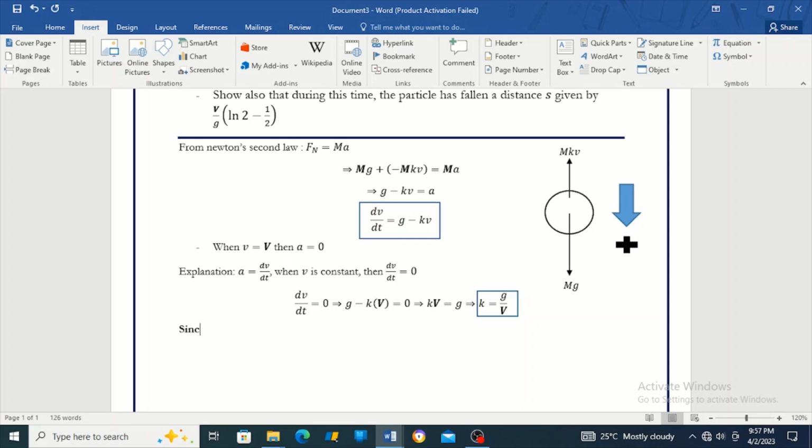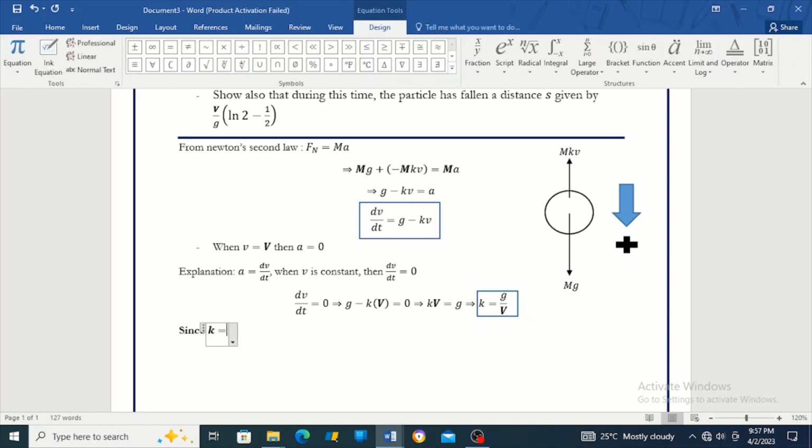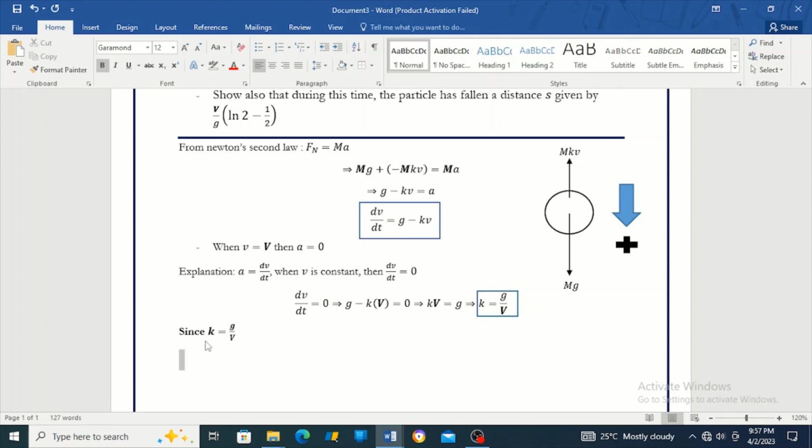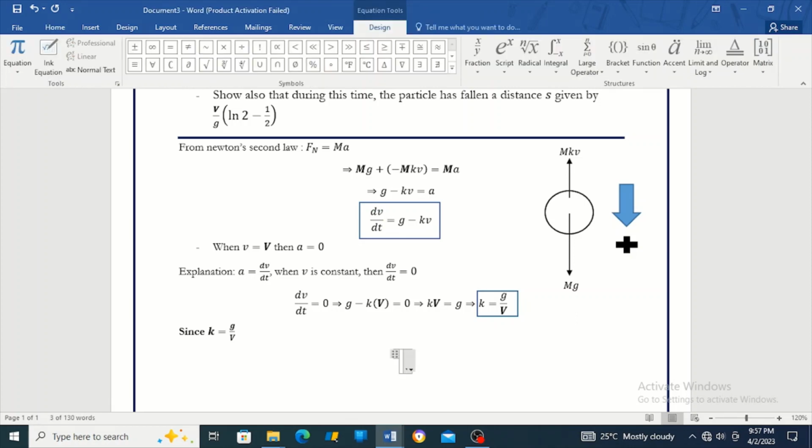Since k is equal to g over capital V, dv by dt will be equal to, since it is g minus kv, g minus, now what is k? k is g divided by capital V, then times v. Because that is what we have in our formula.